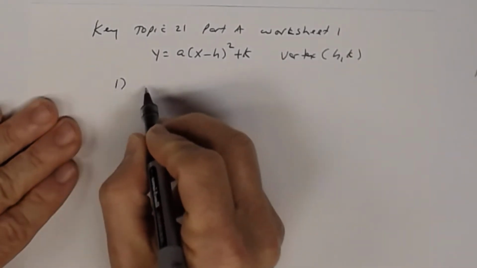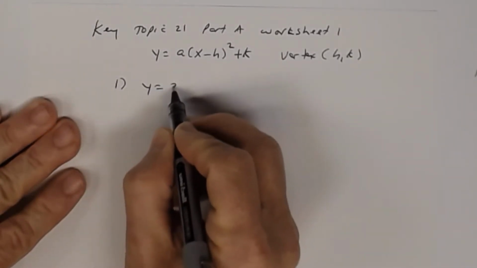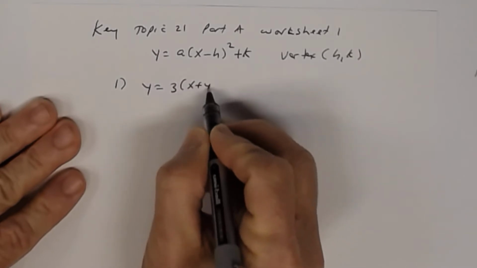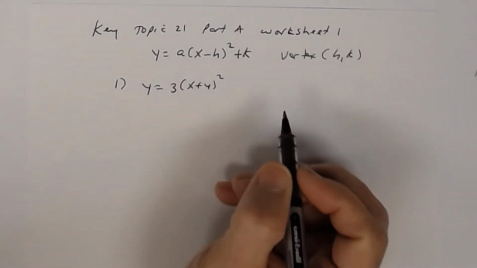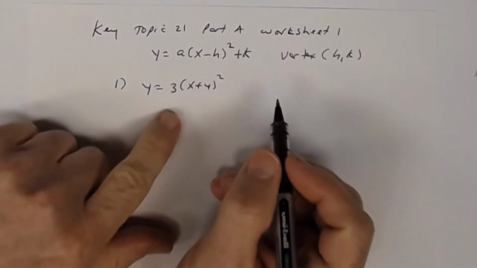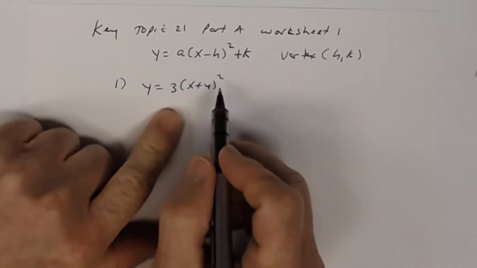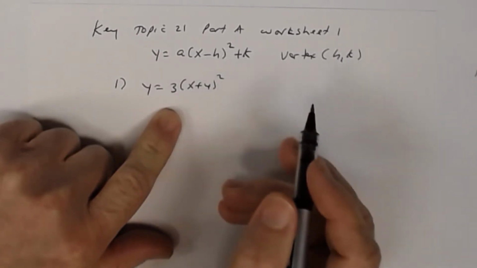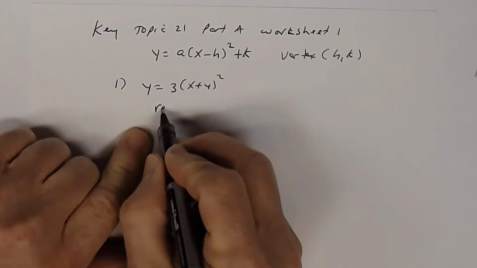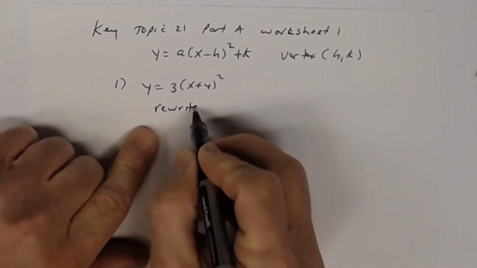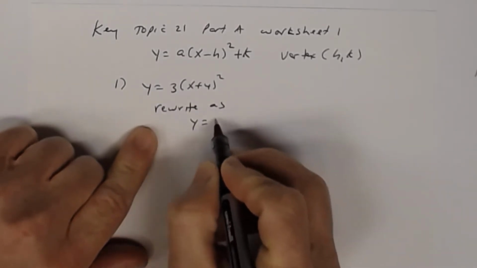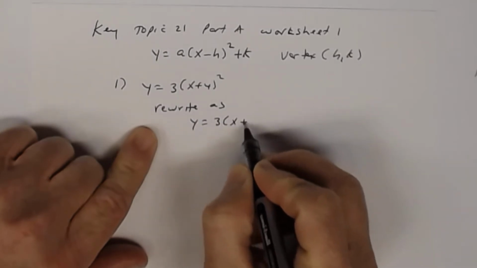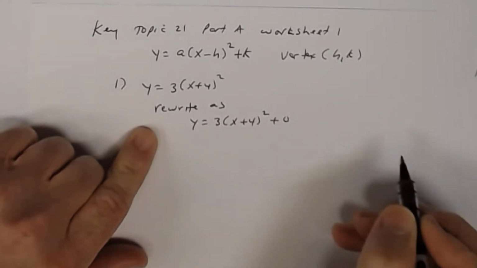So number 1, we have y equals 3 times (x plus 4) squared. Okay. Now, notice that this is of that form. Now, you may say, well, there's no k there. Well, you can rewrite it as y equals 3 times (x plus 4) squared plus 0, couldn't you?